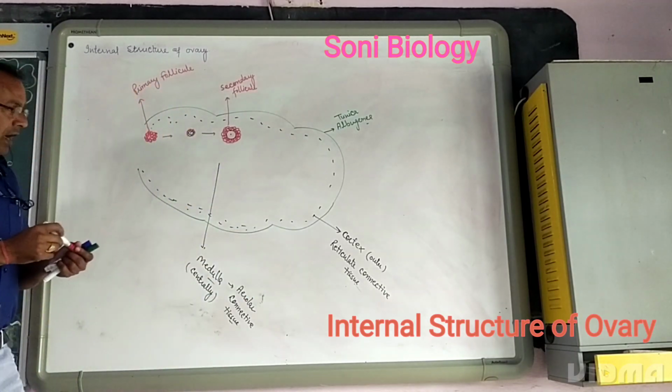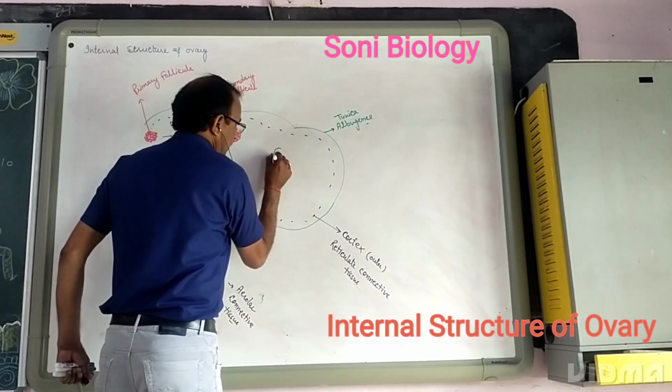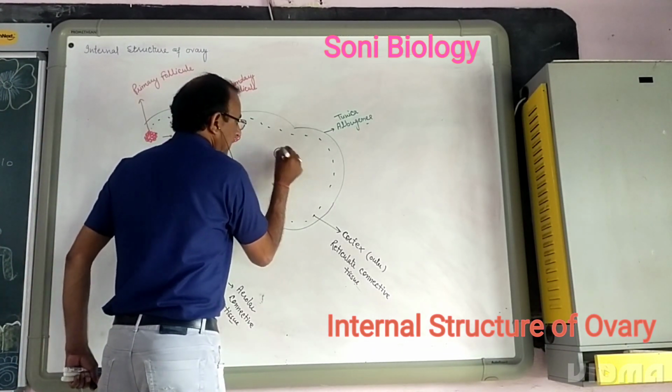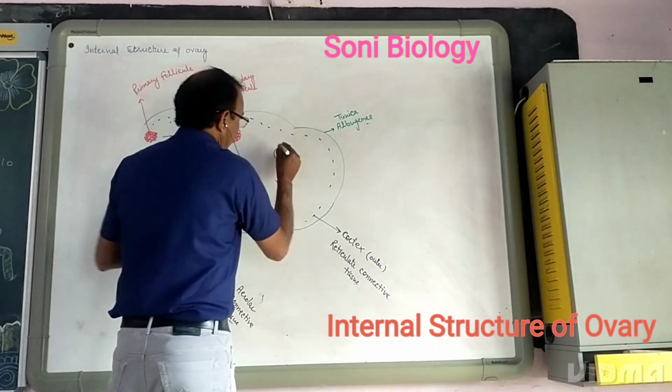Again, this secondary follicle grows and changes into a secondary oocyte, surrounded by follicle cells.